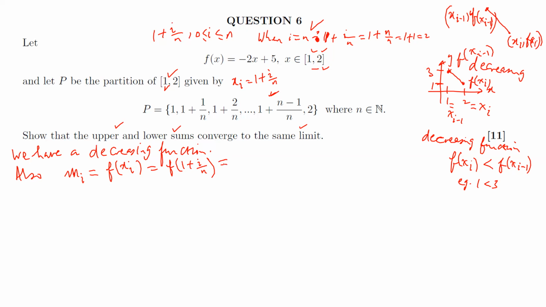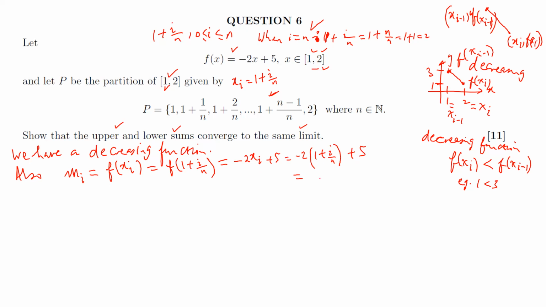But now let's think about this. This is a function. So you need to substitute now. So it's minus 2x. So it's going to be minus 2xi plus 5, which is minus 2 times what is xi? It's 1 plus i over n, plus 5.